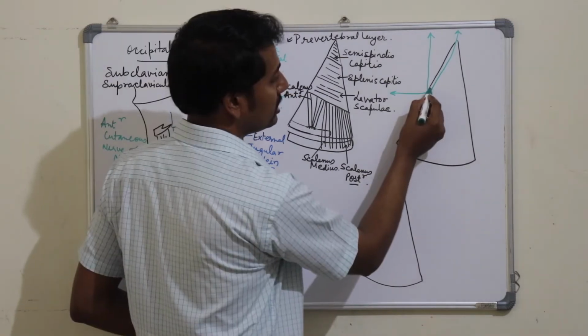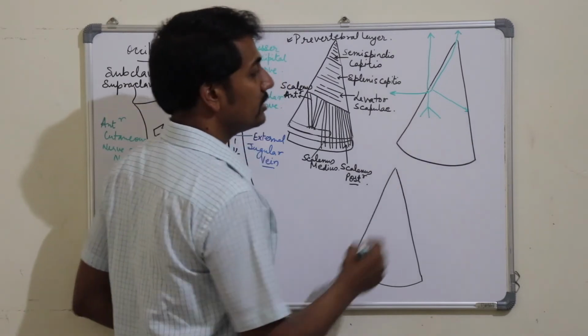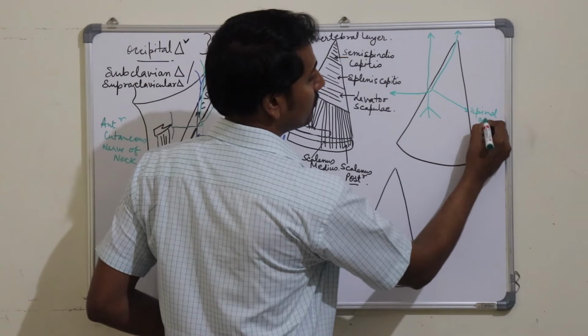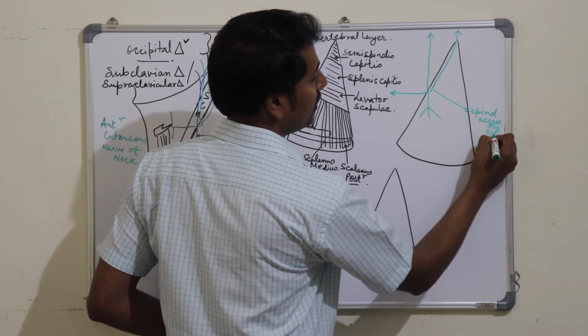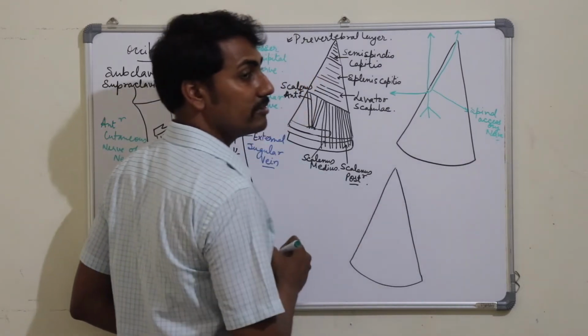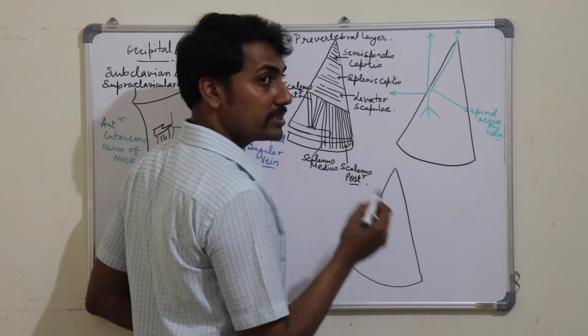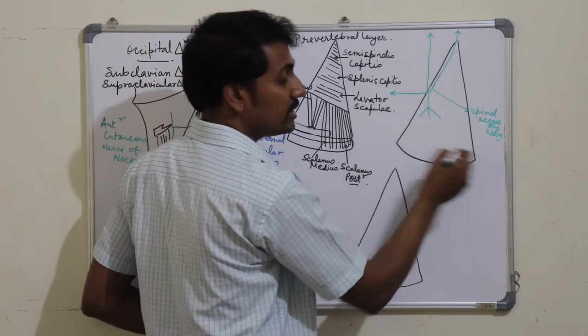Another nerve which arises just above this point, going downwards and backwards, is the spinal accessory nerve, which is the 11th cranial nerve. This spinal accessory nerve supplies 2 muscles, that is the sternocleidomastoid muscle and the trapezius muscle.